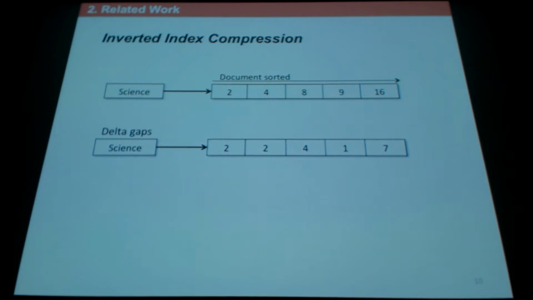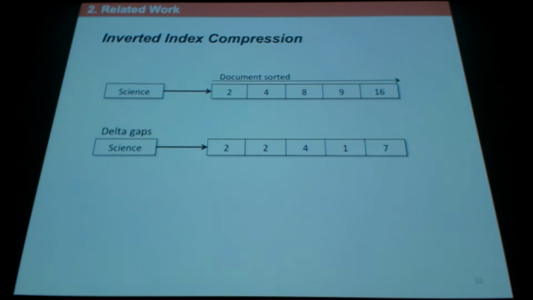That means we are just performing, how do you say in English, a minus? So 4 minus 2 is going to be 2, right? The first document is 2, the second one is 4. We just subtract. That was the word I was looking for. We subtract the next document ID from the previous one, and then we can construct a new posting list that just stores the delta gaps.